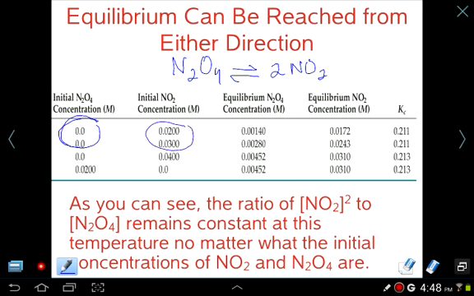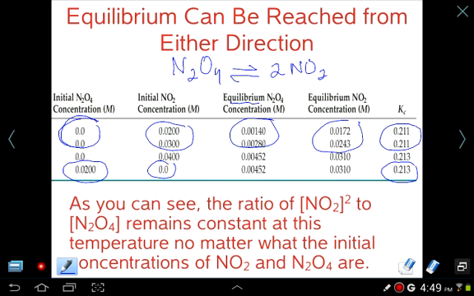You will still find that the equilibrium concentrations contain both, and the ratio of these will still be the same. Notice the ratio of all these. You can also begin with all reactants and no products, and still your K value will be roughly the same. So the ratio remains constant even though you begin with a lot of reactants, not many products, or the other way around.